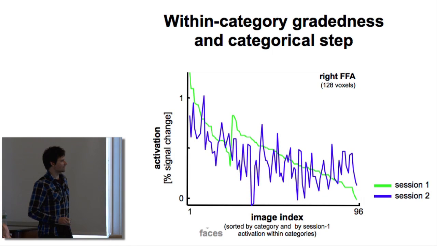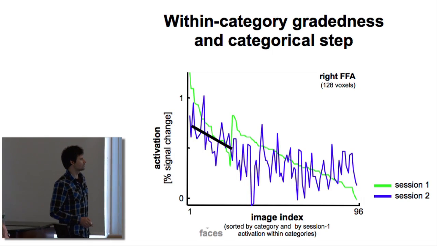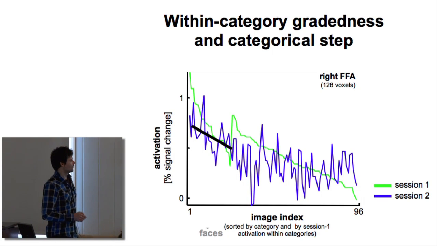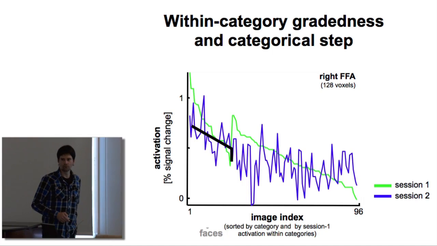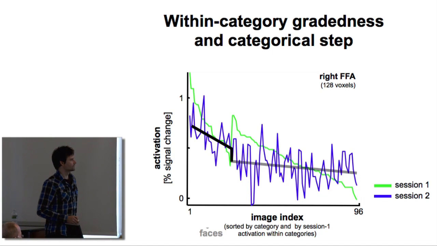And then we can look at session 2 data in this ordering and fit a simple model to it where we just fit a ramp, a line to the preferred category, and then a step function between the preferred and the non-preferred category, and then also a line within the non-preferred category.